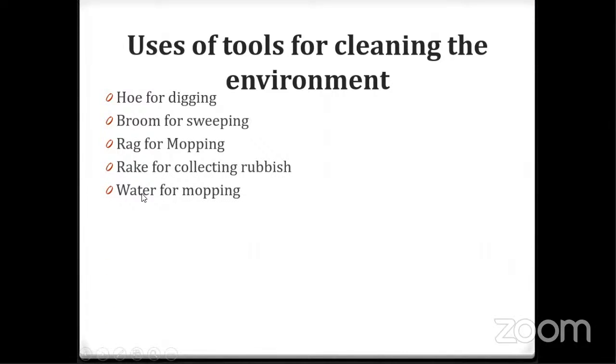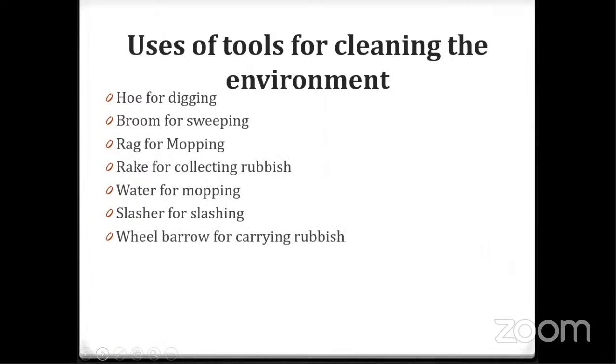And then you have also water. Water is used for mopping. You have the slasher, which is used for slashing. Wheelbarrow is used for carrying rubbish. Can I have a princess say that? Wheelbarrow for carrying rubbish.